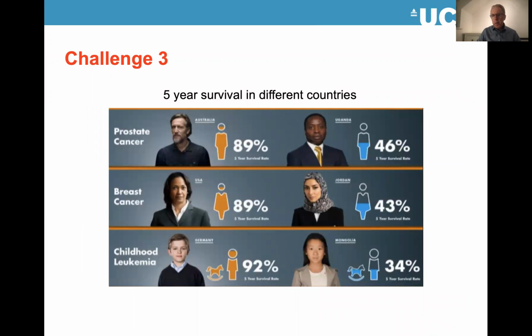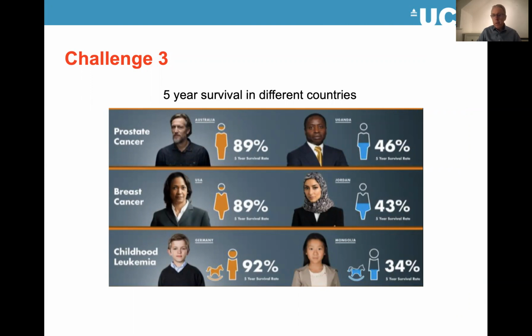The third challenge I want to highlight in this talk is the difference geographically. So we take two common cancers, prostate and breast, and a common childhood cancer, leukemia, and we look at the change in survival over 5 years between certain developed countries and developing countries.